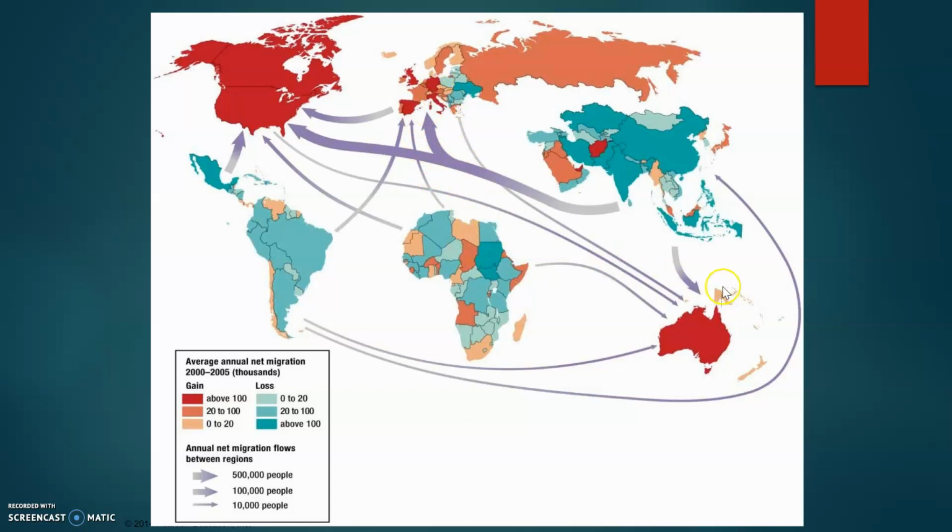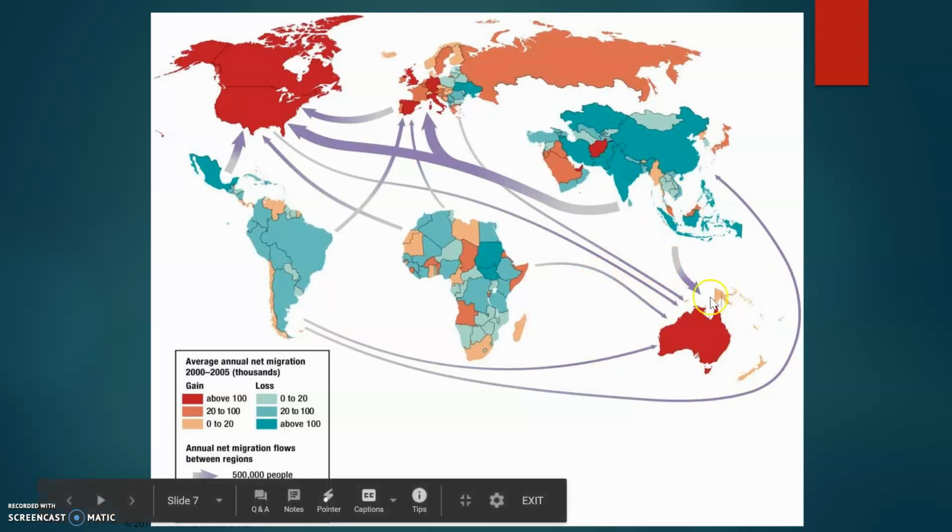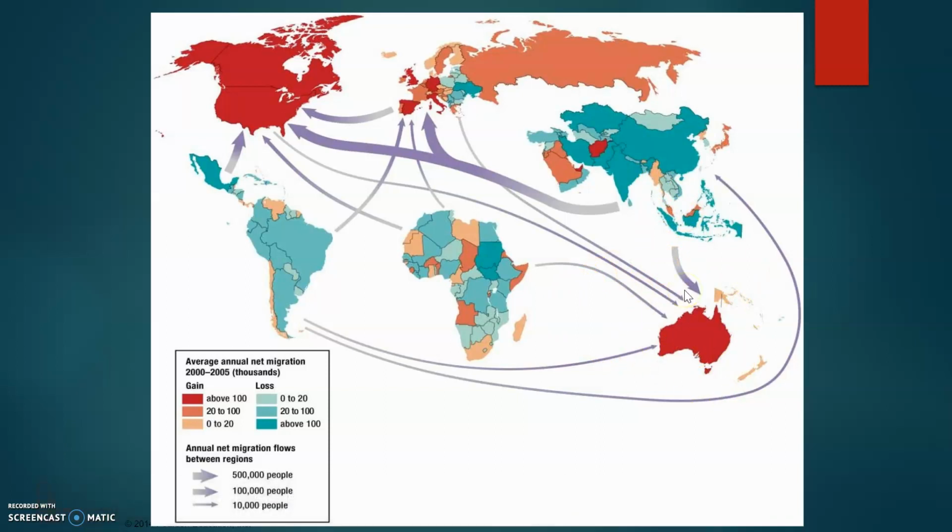And then you also see the amount of influx of people moving to Australia and Oceania as well. And the biggest thing you can draw from this is that people are moving from areas of low development to high development when they move internationally. But again, this is not the major migration made. The number one migration made on Earth: urbanization, people moving to urban centers.